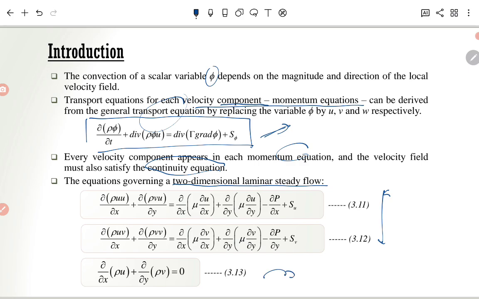This one is the x momentum equation, this one is the y momentum equation, and this one is the continuity equation. If we look at all these three equations, the pressure gradient term forms the main momentum source term.